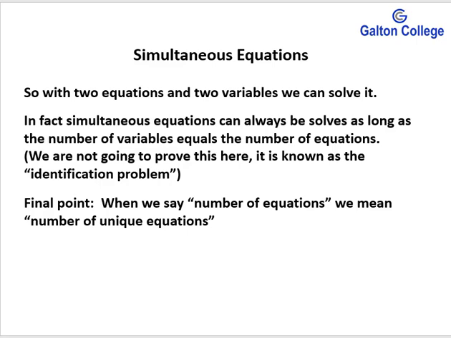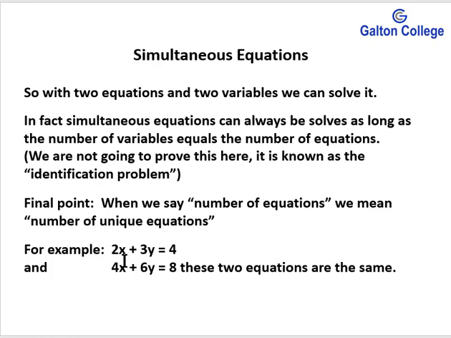Final point. When we say the number of equations, we mean the number of unique equations. The example I gave you right at the start of this video, where one equation was just a double of the second one, that's not a unique equation. That doesn't help us any. We can't solve with that, because really what we've got is just one equation still. We've got it written down in different ways.